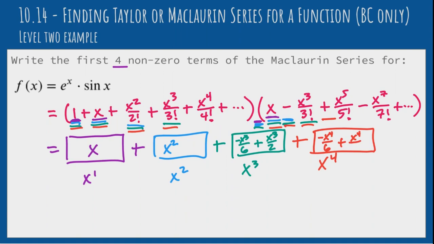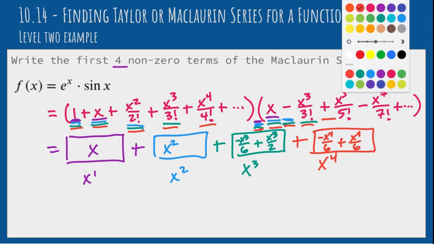Let's see, we're going to have over 3 factorial is 6. Uh-oh, that's going to be a 0 term. And then x to the 4th times x to the 0. Okay, so we don't have 4 non-zero terms yet because this x to the 4th term is going to drop out since they're opposites of each other. So we got to go one more.